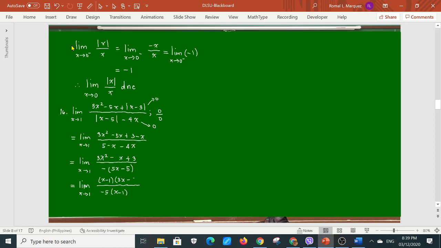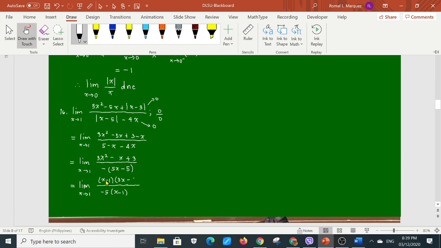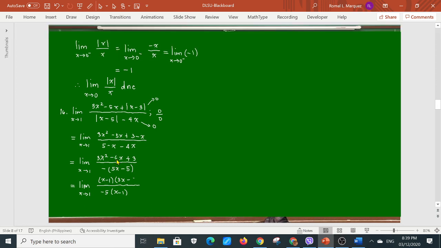This is 6x, because it should factor out x minus 1. Negative 5, negative x, there. It still has a common factor of 3. So what now? Actually, 3, what is that? 3x squared minus 2x plus 1.